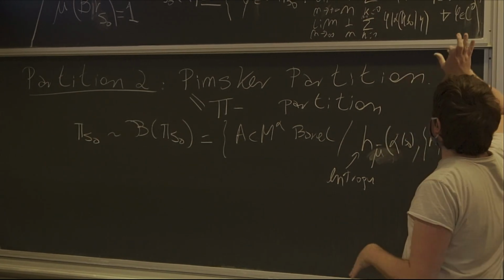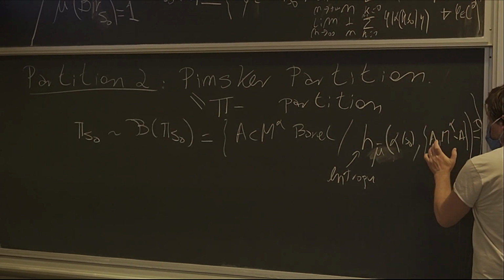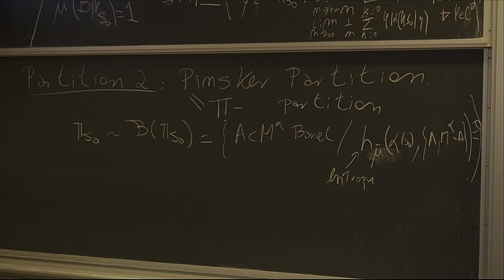So it's all the sets which generate 0 entropy. So instead of taking all invariant sets, you take all the sets that generate 0 entropy there.